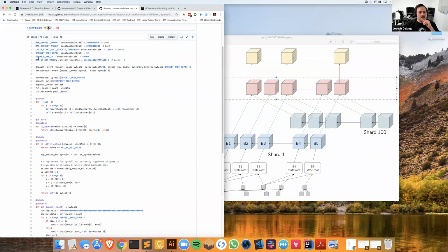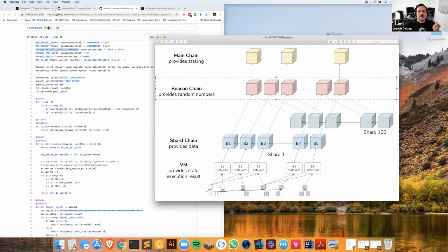Once you've achieved saturation of validators, it's 2 to the 14th, which is about 16,000 validators, it will fire an event called chain start full deposit threshold, which will be the actual beginning of the beacon chain. The individual validators will start getting sent to committees, persistent committees, and shards. They'll get assigned that way.